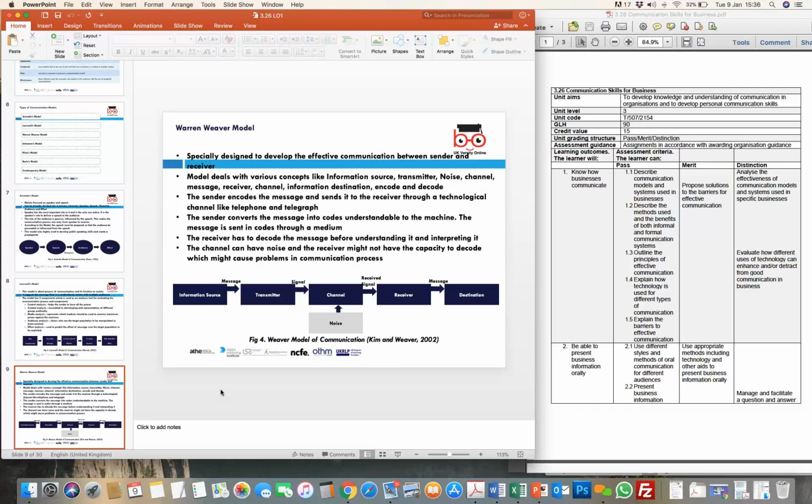So if this was transmitted through radio waves, and the enemy received it and knew how to decode it, the message would have been delivered, but it would have gone into the wrong hands.